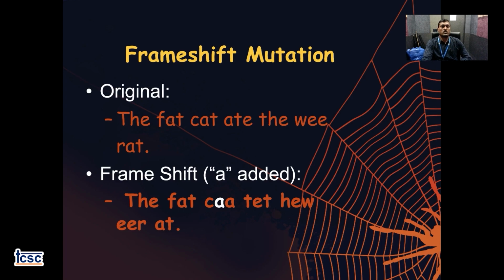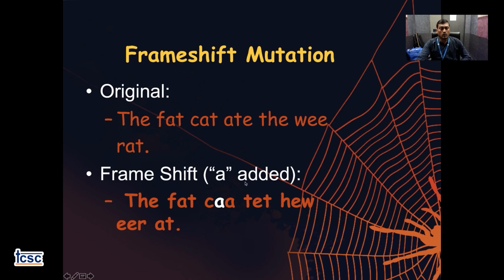Let's see how. Let's assume that "the fat cat ate the wee rat" is the original sequence of a protein, and one extra A gets added. What will happen? Instead of CAT, we get CAA. Instead of ATE, TET. Instead of THE, HEW.